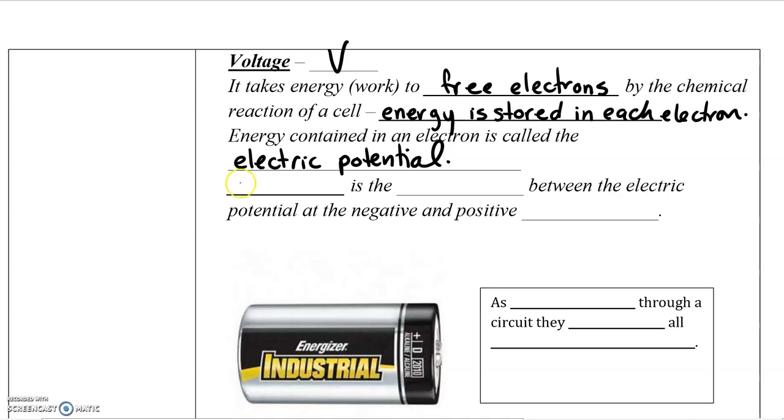So the voltage, like on different cell batteries, you see it's 1.5 volts or 9 volts or whatever. So the voltage is the difference between the electric potential at the negative and positive electrodes.